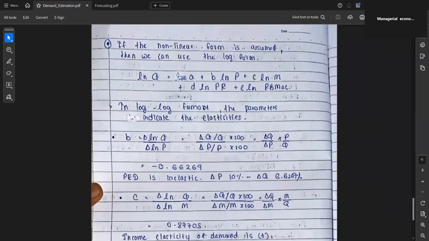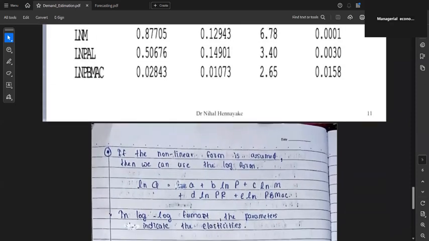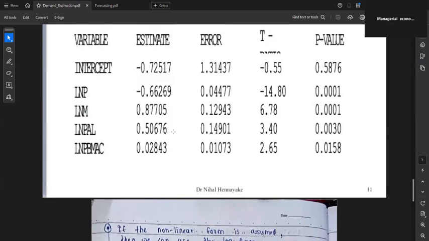So the thing about using log form is that the values you get for the parameters actually indicate the elasticities. So it is log P, the parameter you have obtained, 0.662.